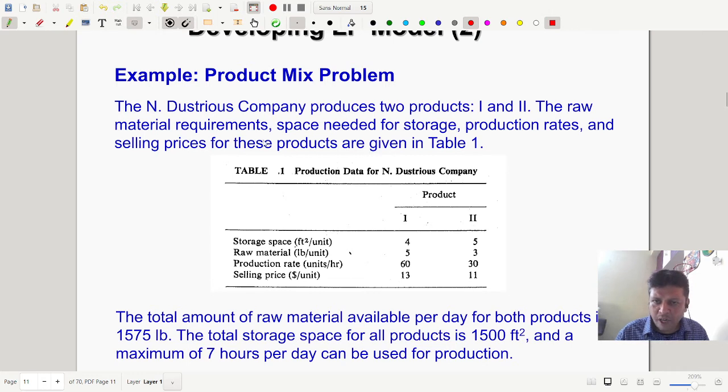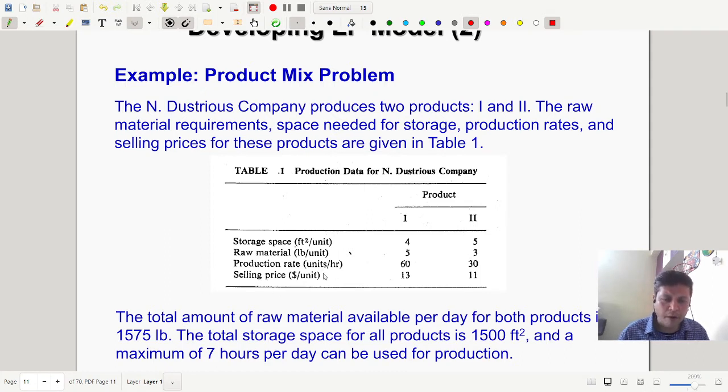The raw material requirements, space needed for storage, production rates and selling price for those products are given in table 1. So for product 1, the storage space is 4 square feet per unit, and for product 2, 5. Raw material needed is 5 pounds per unit for product 1, 3 for product 2.